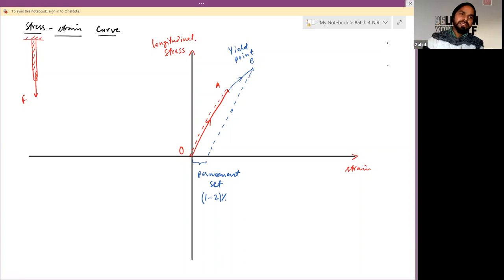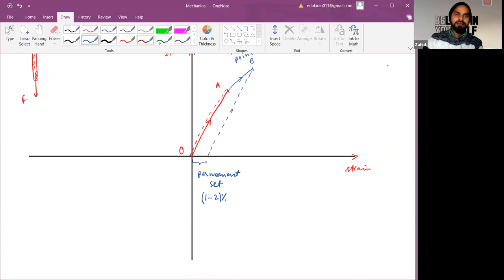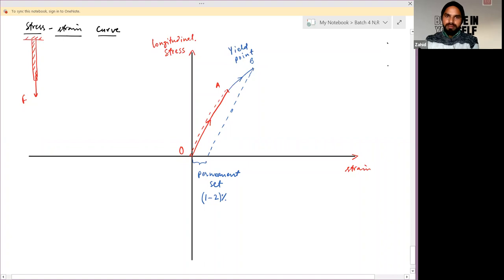Now, if you further stretch this wire from B, it will move along this. And for this path, it would have lost the ability of regaining its original shape, that is elasticity.